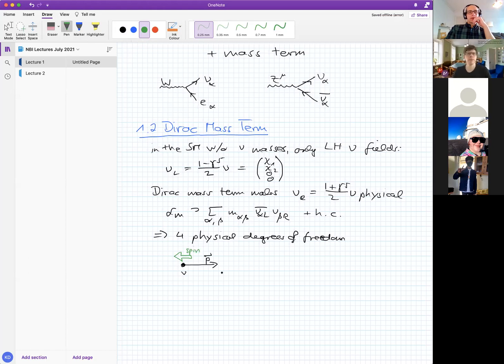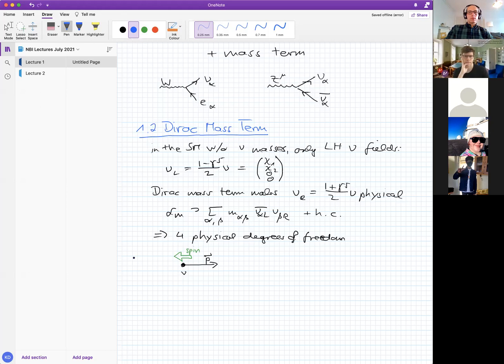Now, if the neutrino is massive, then I can, in principle, boost myself into a reference frame that is moving so fast that the direction of the momentum vector gets reversed. I cannot do this if neutrinos are massless, because then they are moving at the speed of light, and I can't have a reference frame that moves faster than the speed of light.